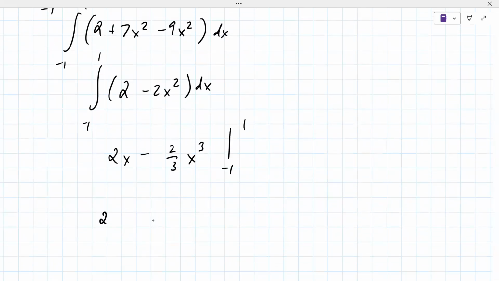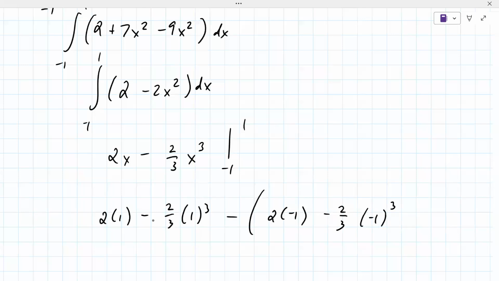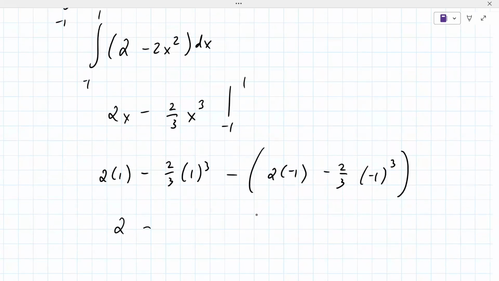And you just put that in. So it's 2 times 1 minus 2/3 times 1 cubed, minus 2 times -1 minus 2/3 times -1 cubed. It does not cancel. Don't make that mistake. You just work it out. This is 2/3. Inside parentheses here, it's -2. -1 cubed becomes -1, so plus 2/3.